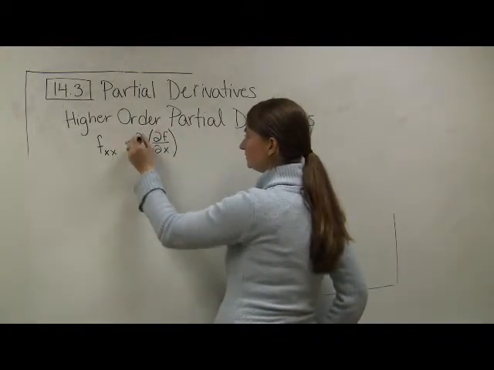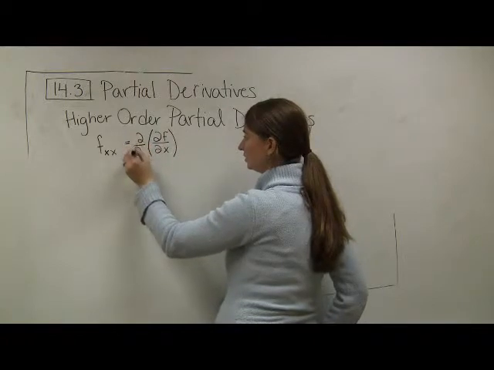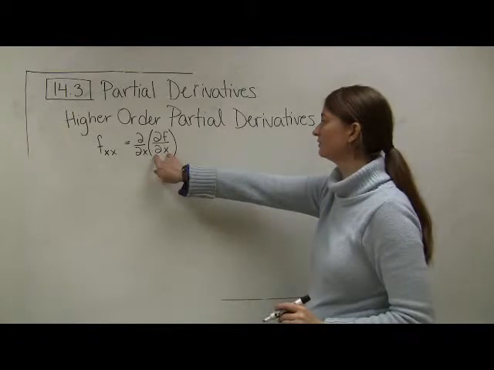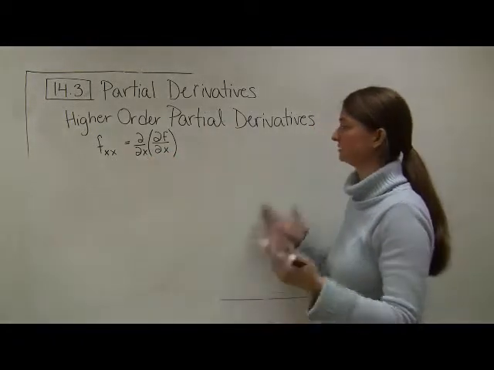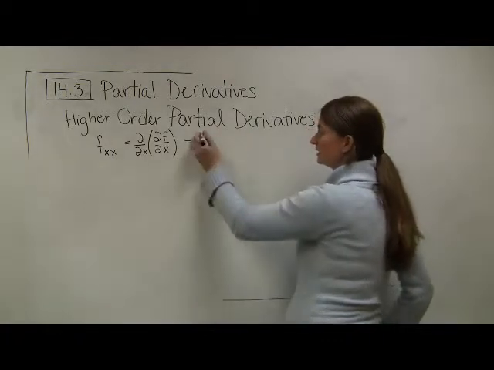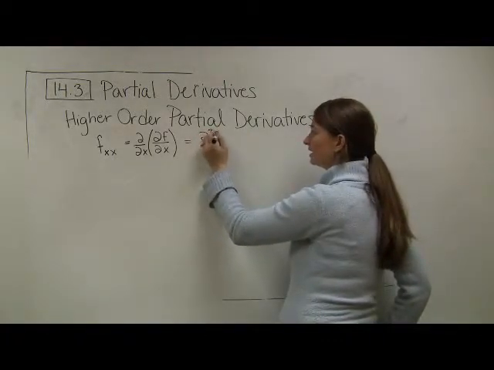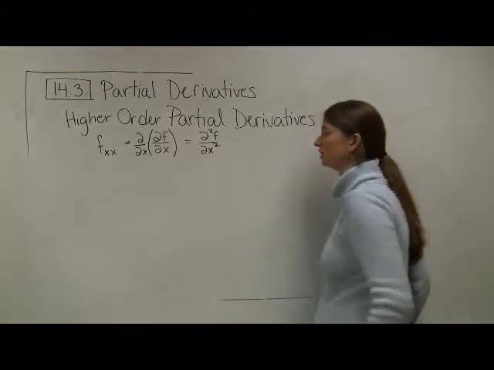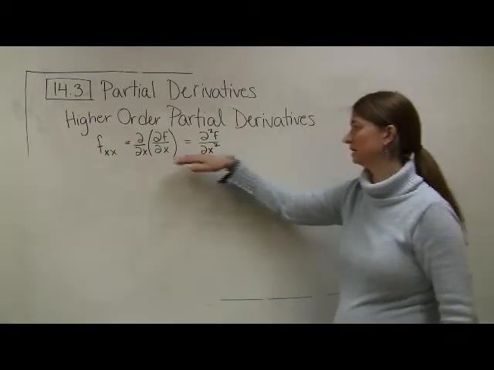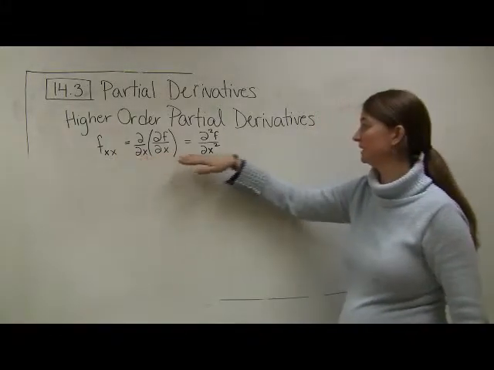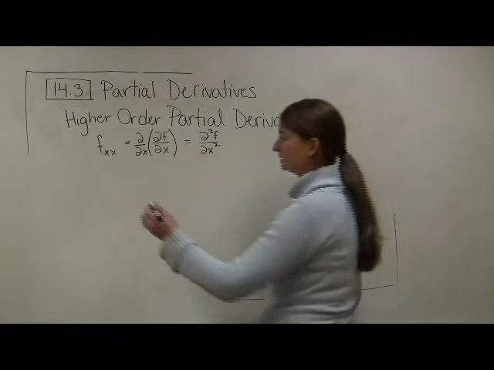And notationally, I'm taking another derivative with respect to x. So I'm taking the inner derivative first and then the outer derivative second. It doesn't matter, they're both x's, so you get the same thing. Another notation for this is d squared f dx squared. All of these 3 things are the same thing. They're just different notations for representing a second derivative with respect to x.